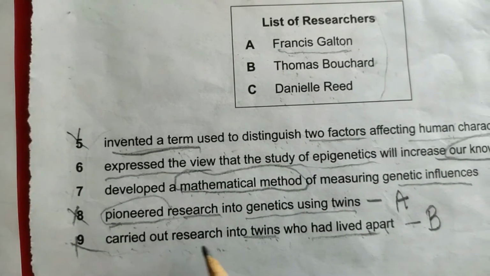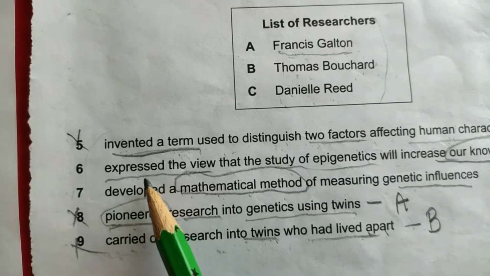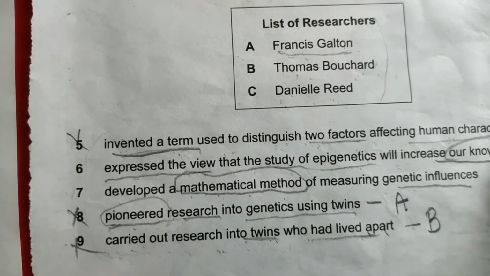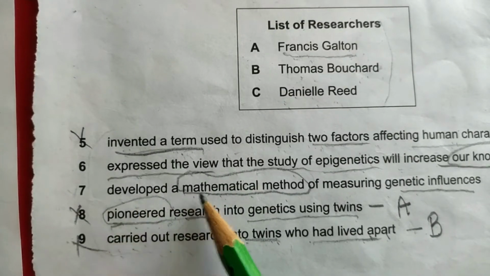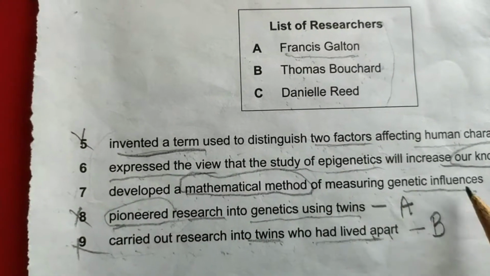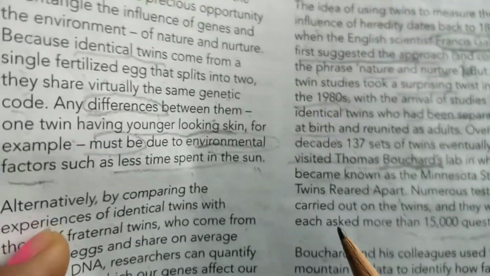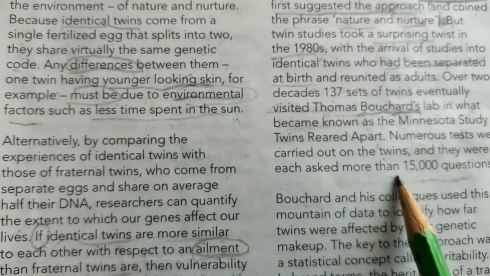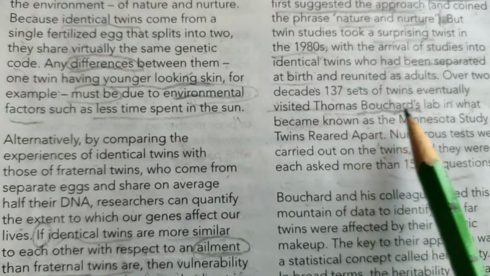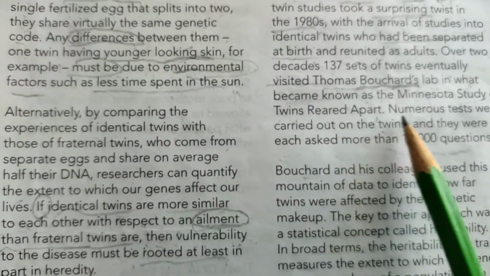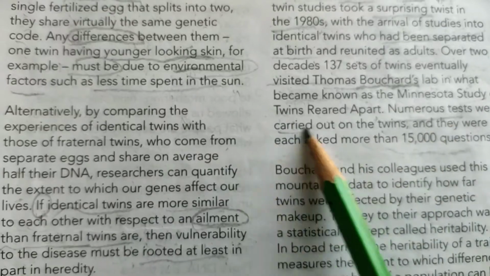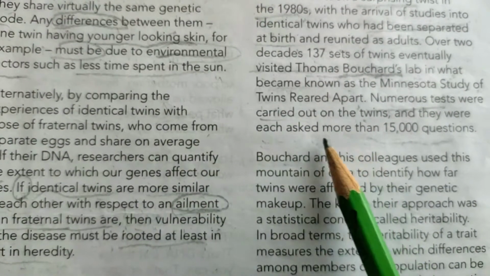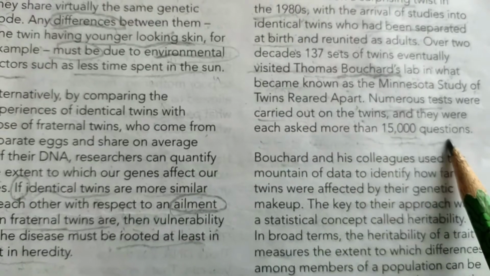Now we will eliminate this statement. What we have left: expressed the view that the study of epigenetics will increase our knowledge, and seventh, developed a mathematical method of measuring genetic influences. Till here we have already gone through the 15,000. Now he is talking about Bouchard's lab in which numerous tests were carried out on the twins, and they were asked more than 15,000 questions.